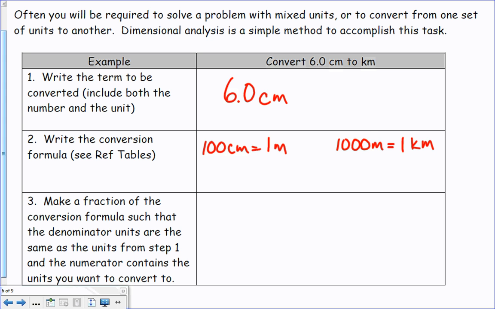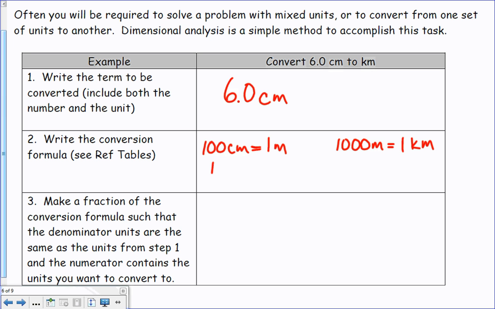Now, the thing you need to know that's tricky about conversion factors is this. Let me start with the first one. This is an equality, correct? Because I see an equal sign. That means it's the same thing. Math says if I divide anything by itself, I always get 1. That's huge. This is going to make this whole thing work.